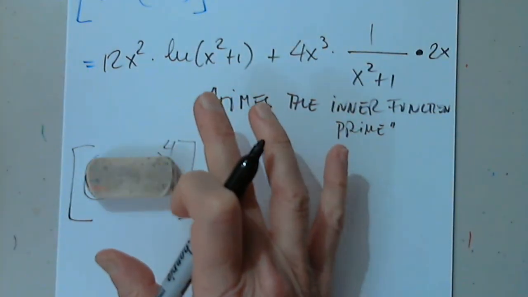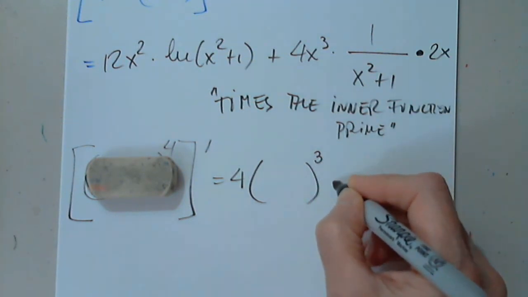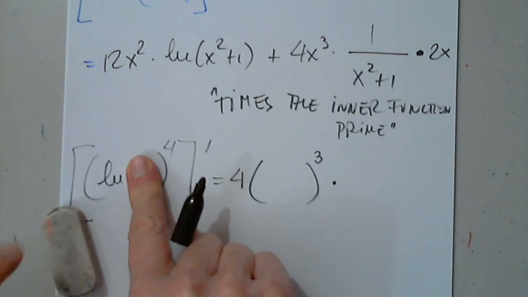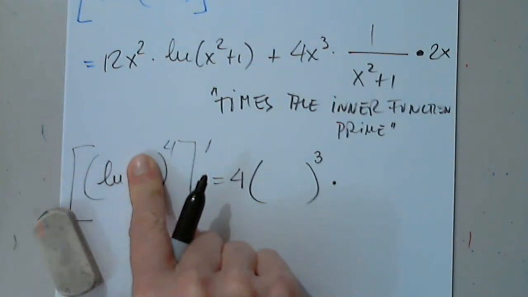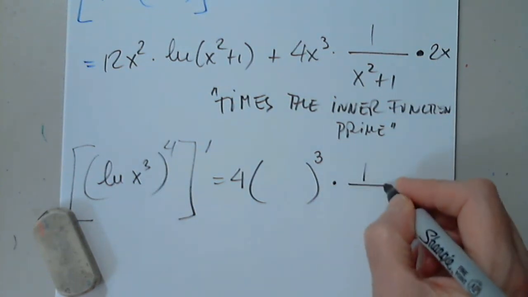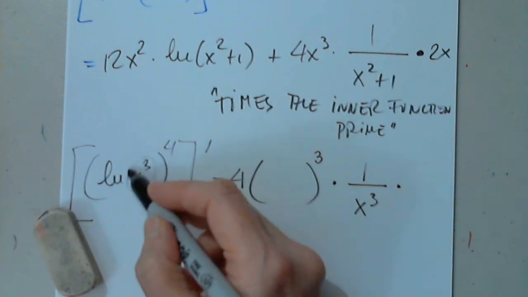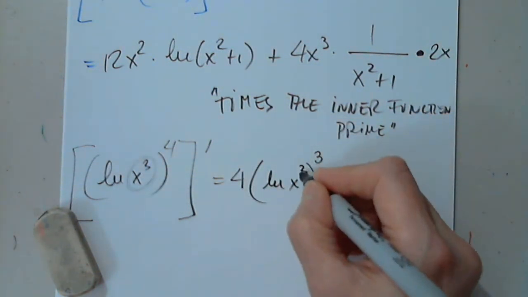A function to the 4th power is 4 times the function to the 3rd power times the inner function prime. How do I differentiate this? 1 over x to the 3rd times the inner function prime. What do I write? x squared. Yes.